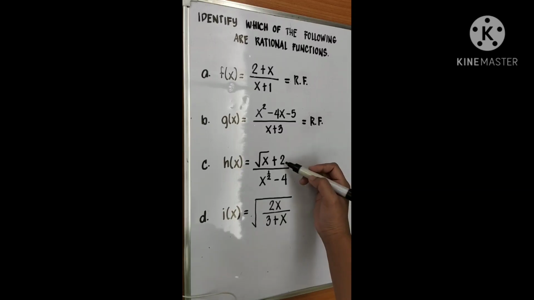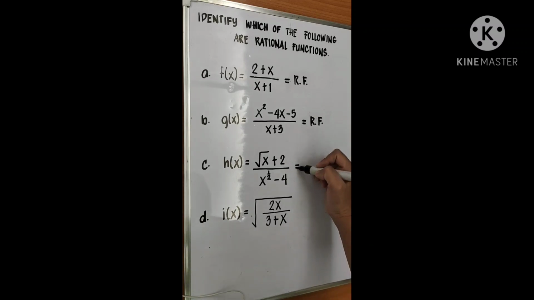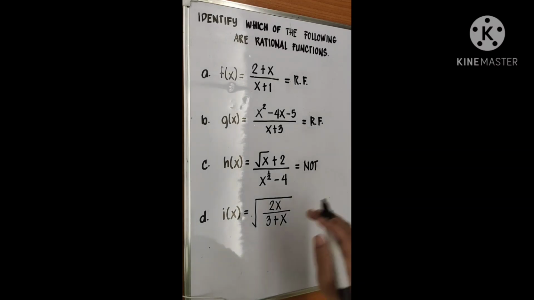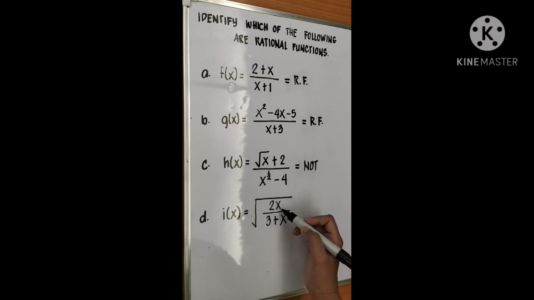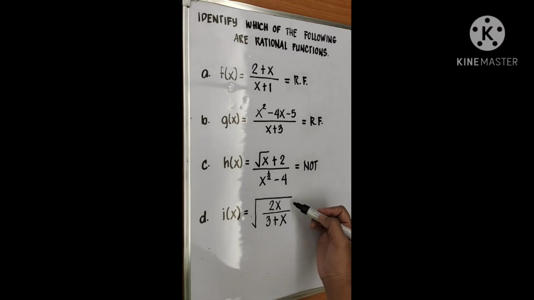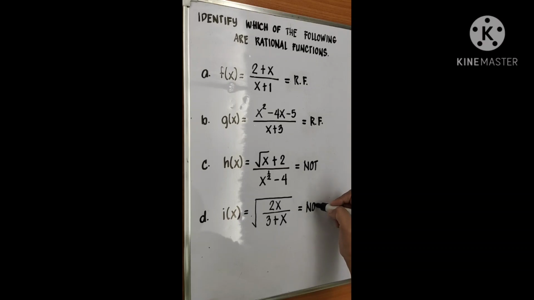Therefore, this is not a rational function. For letter D, we have i(x) = √(2x)/(3 + x). Although we have a ratio, we should not disregard the radical sign. The radical sign makes this a radical function. Therefore, this is also not a rational function, but a radical function.